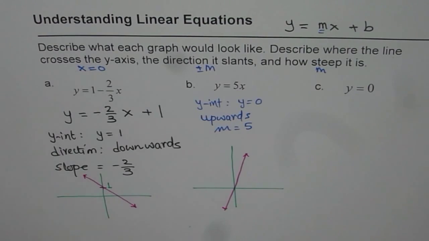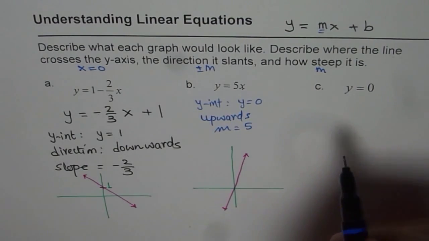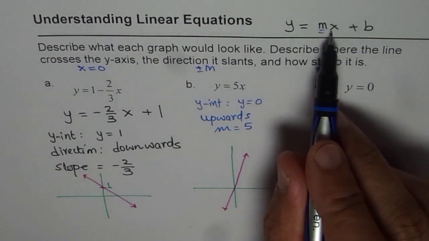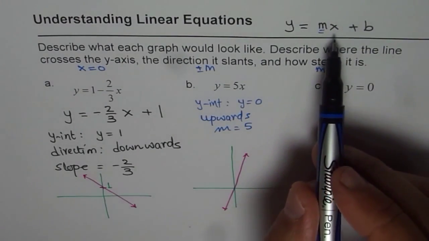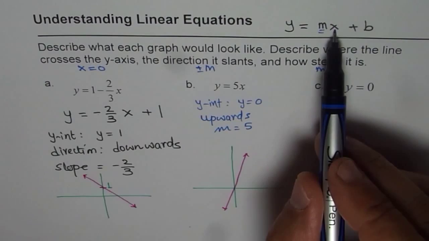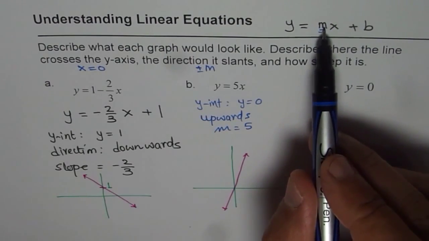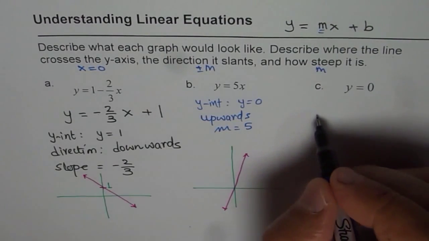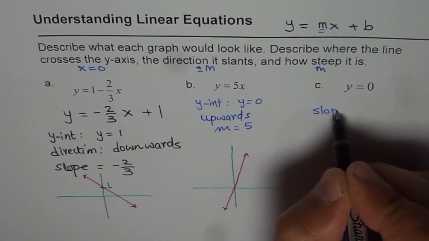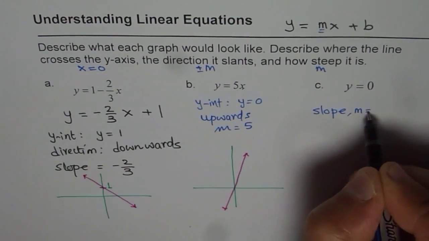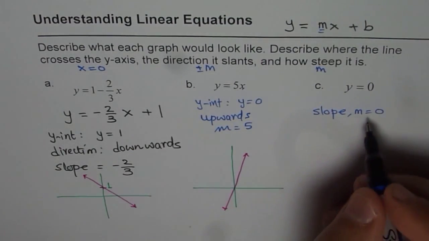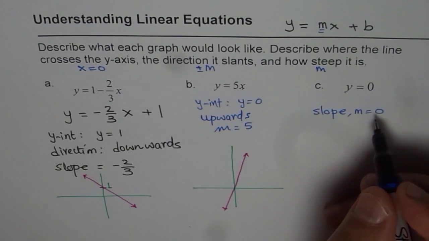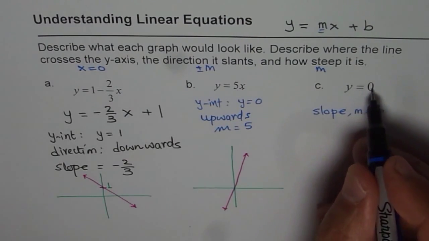The last one is y equals 0. Now y equals 0 really means that this part could be 0 if m is 0, right? So that means slope has to be 0, slope m equals 0. And that also means that the y-intercept should be 0.